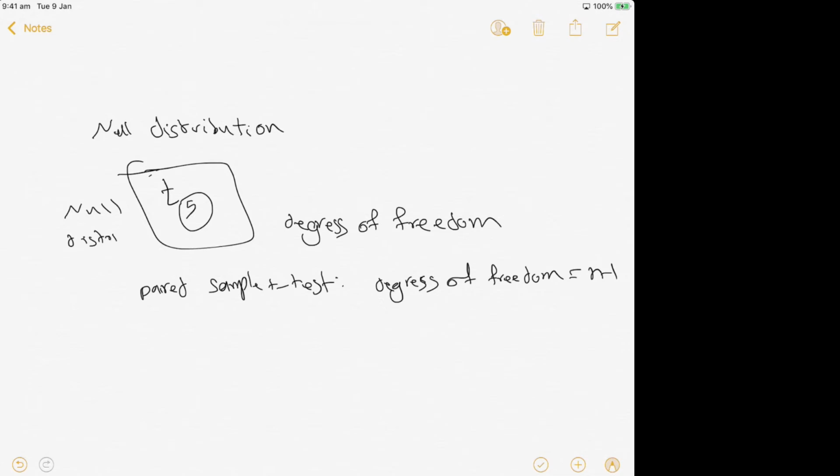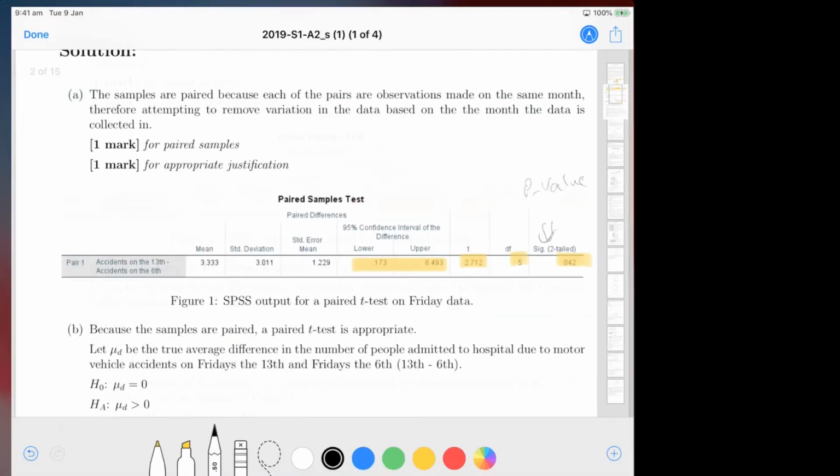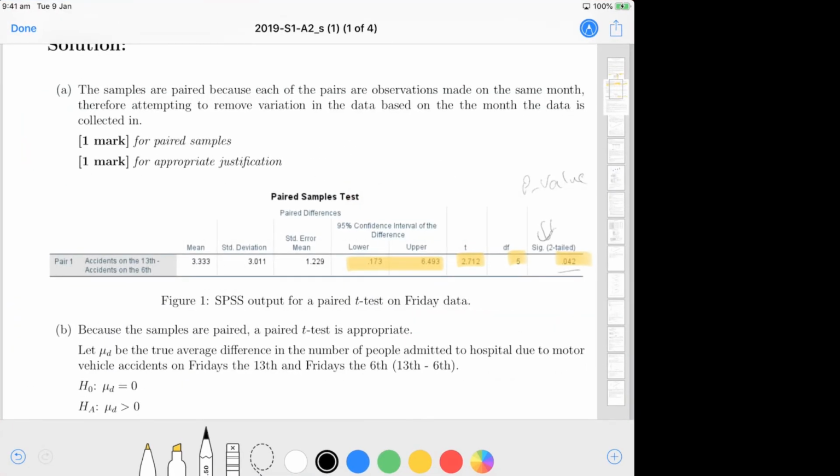All right. What else? We want the p-value. The p-value here is given as 0.042. This is the p-value for two-sided. This is another mistake many students make.